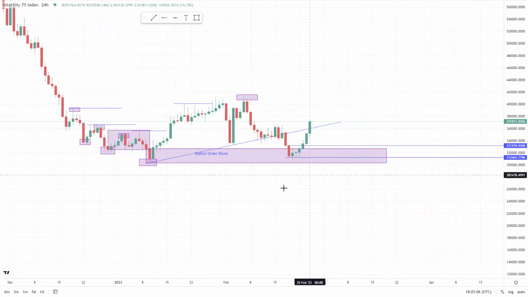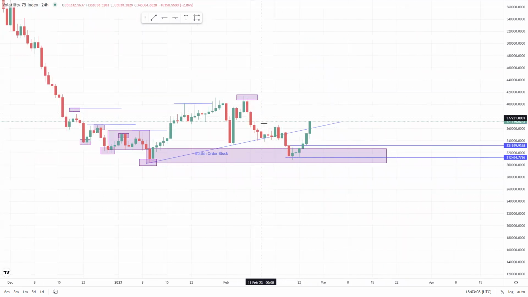So now, if you look at this, the market, as it was dropping to the downside to make a retest in this zone, was creating a series of lower highs and lower lows. So this was a lower high, and then this one was a lower low.